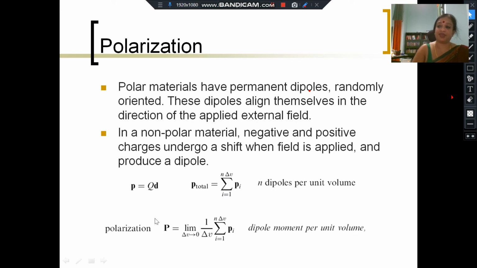And from there we can define what is called polarization, capital P, which is the summation of p_i, that is the total dipole moment, divided by the volume delta V, so dipole moment per unit volume in the limit delta V tending to 0. So polarization is again a vector quantity which is defined as the dipole moment per unit volume.